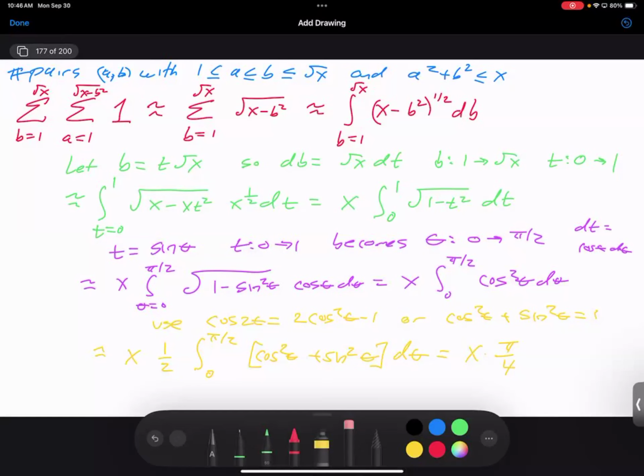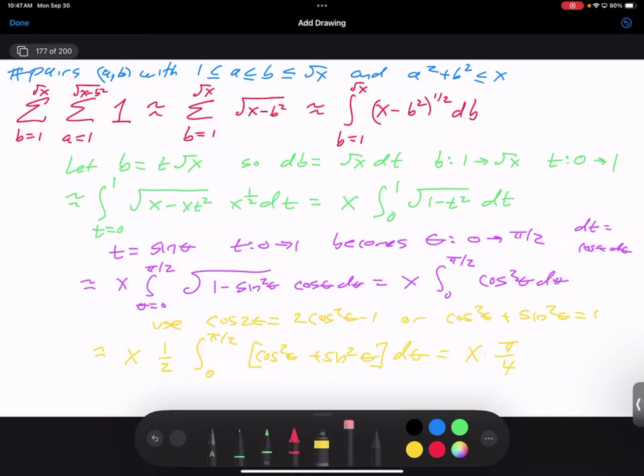Okay, so this gives me pi over 4 as the number of pairs, with a, b, with a less than or equal to b less than or equal to the square root of x.